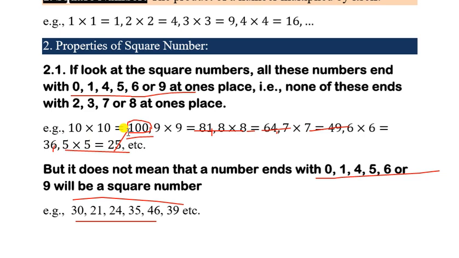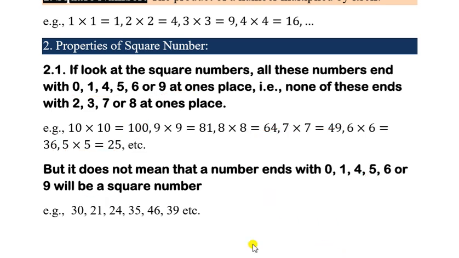But all kinds of numbers which end with 0, 1, 4, 5, 6 are not square numbers. Remember, this is a very important property for square numbers. You can memorize this with examples. From examples you can identify. A simple number, you cannot say it is a square number just by checking the one's place digit.